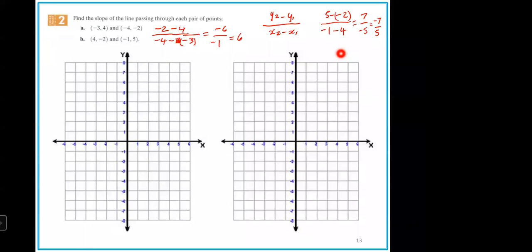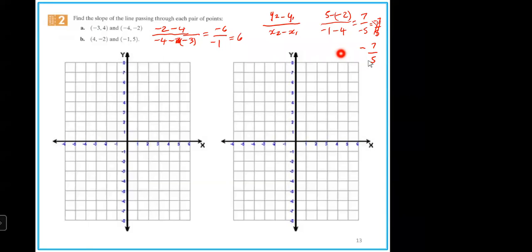Even though you get 7 over -5, we treat it as -7 over 5. The whole thing is negative because when we work out the slope, this indicates that we are moving down 7 and across 5.